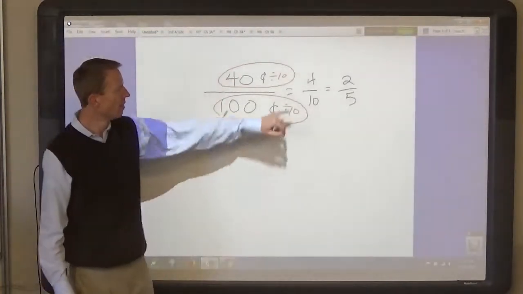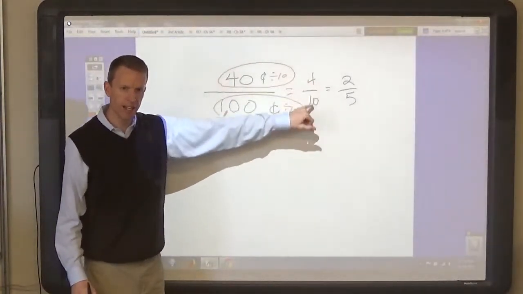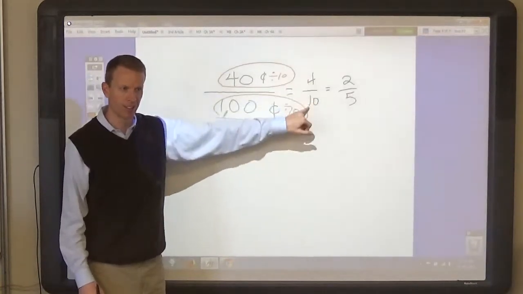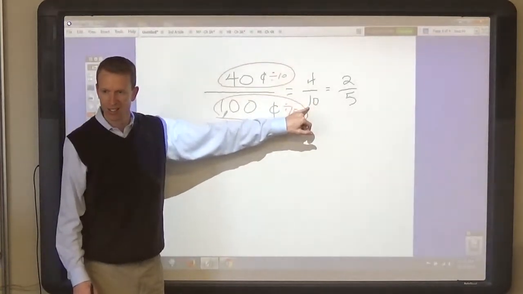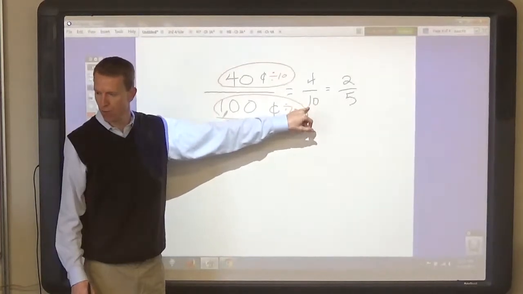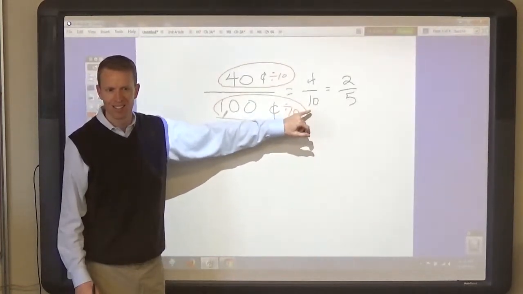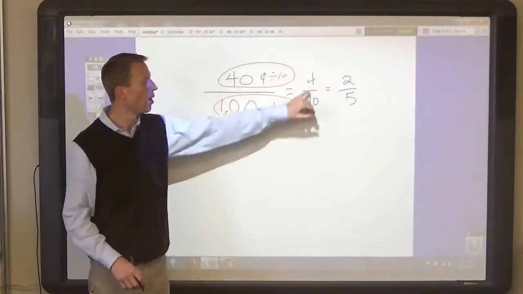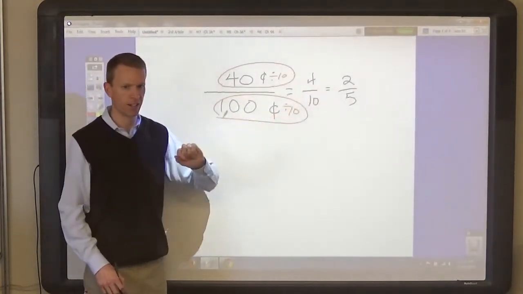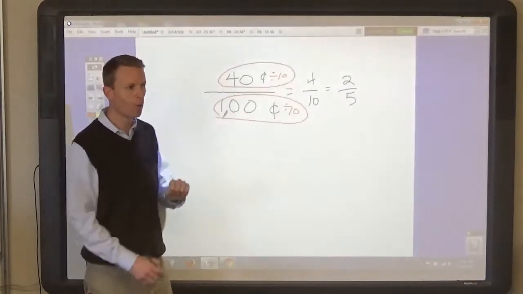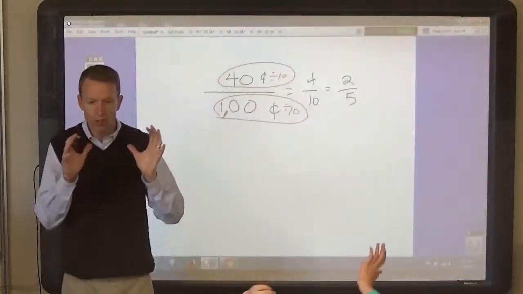And then 4 and 10 have a common factor. What number goes into both 4 and 10? No, what goes into 4 and 10? You remember when we factored these? You guys, this is so cool.